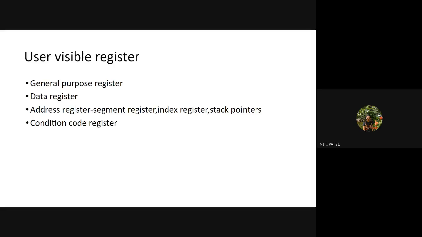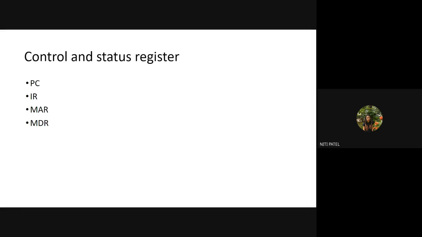So these are the user visible registers. Apart from that, we have control and status registers also. Which are they? PC program counter, IR instruction register, MAR memory address register, and MDR memory data register. Now we'll be looking at these registers in detail today.